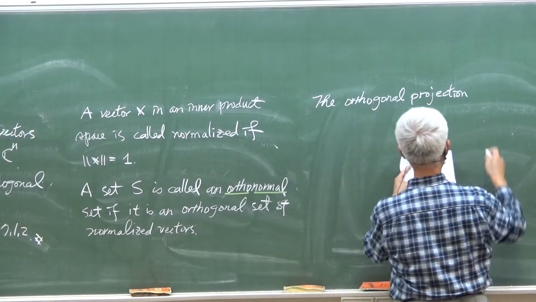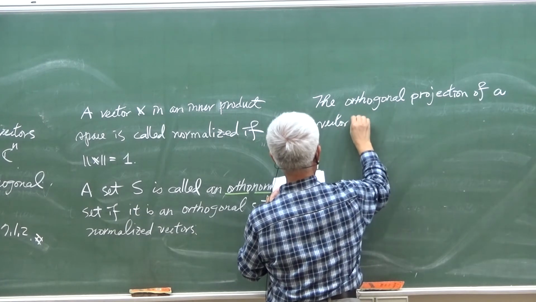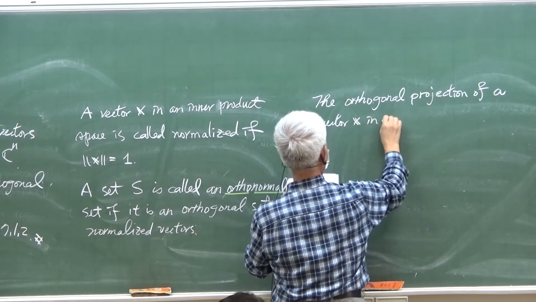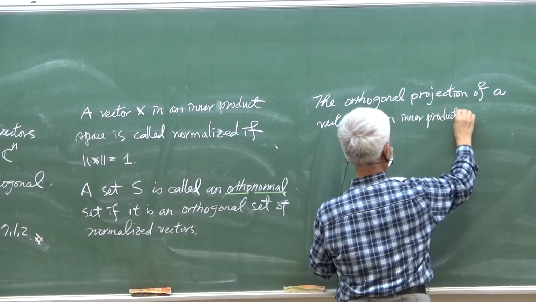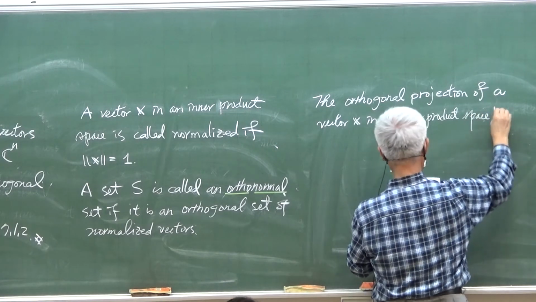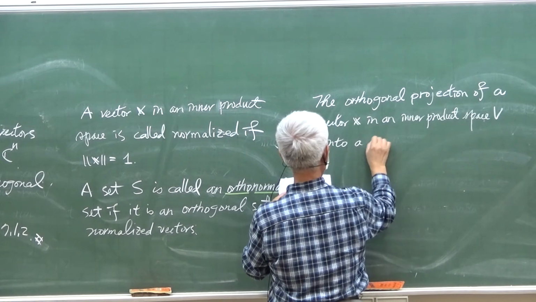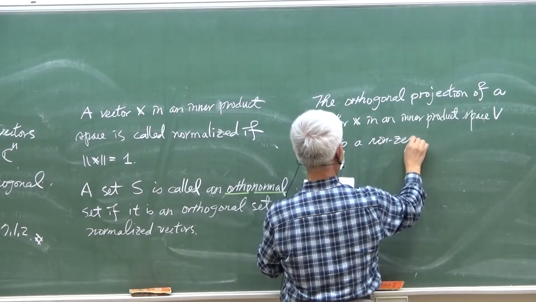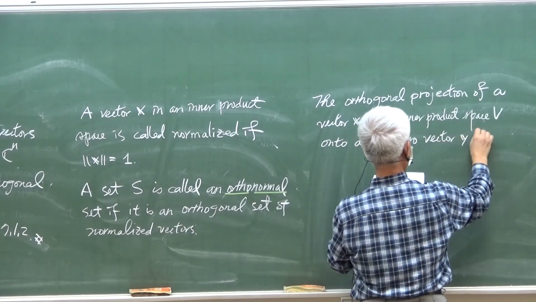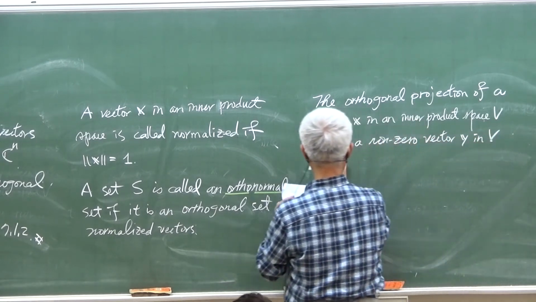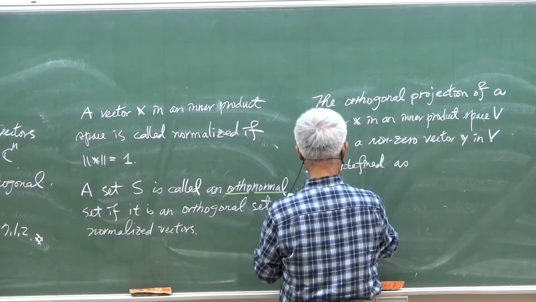The orthogonal projection of a vector x in an inner product space V onto a non-zero vector y in V is defined as a projection.